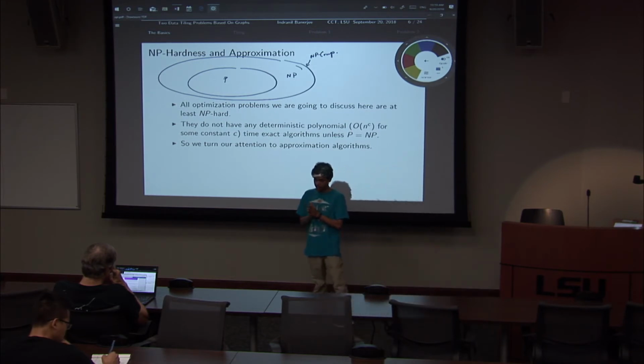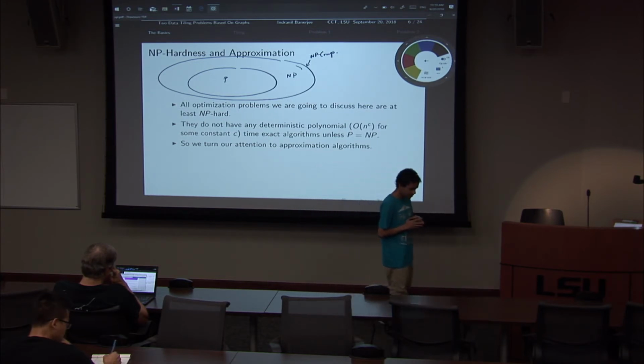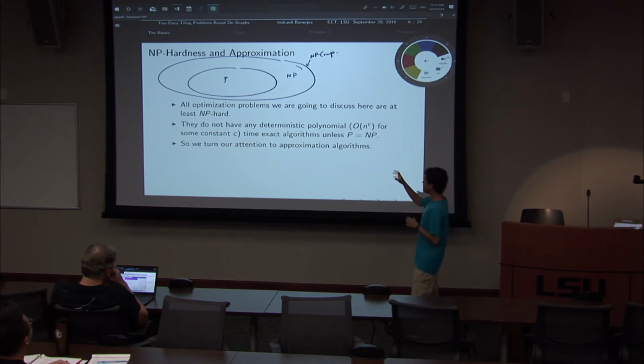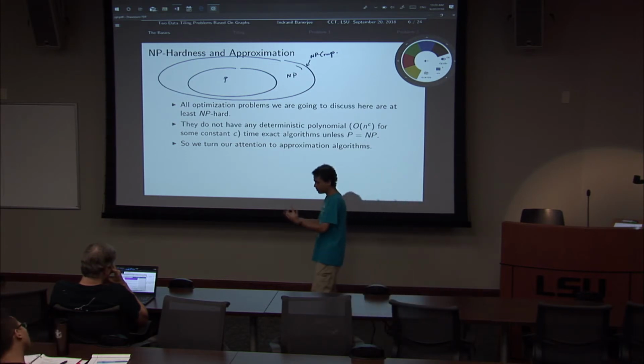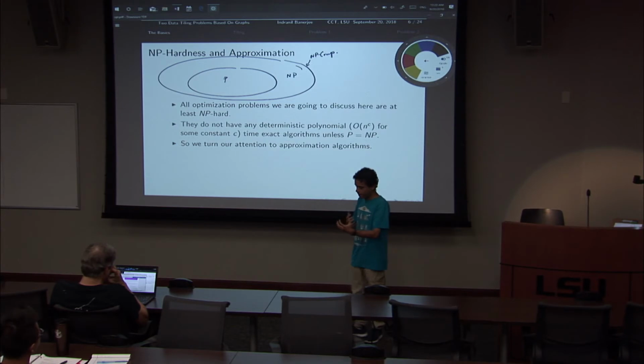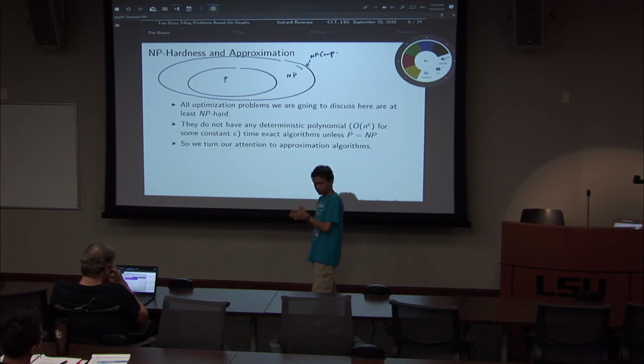So in computational complexity, first of all, in this slide I'm only going to talk about deterministic algorithms. That means given an input for a problem, we only care about algorithms which do not make random choices.